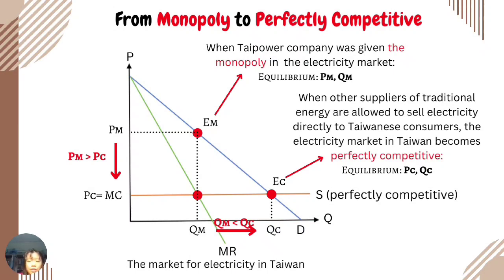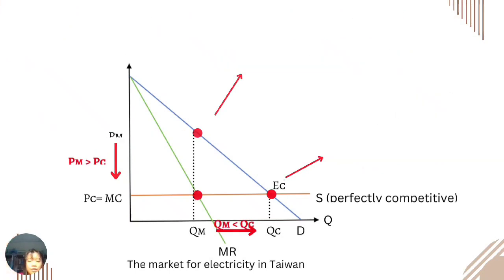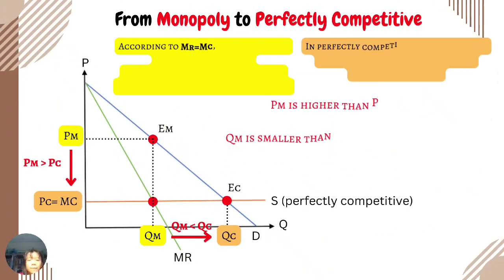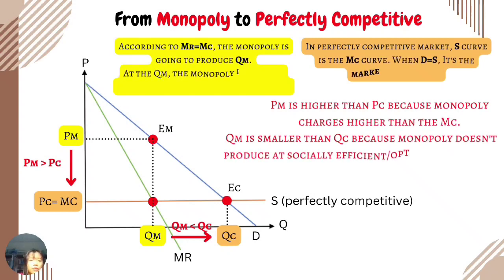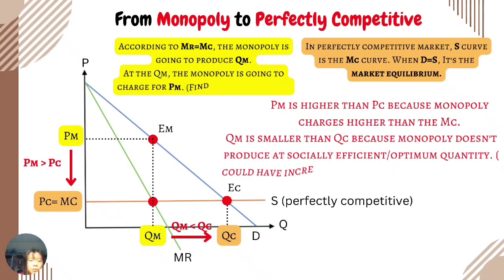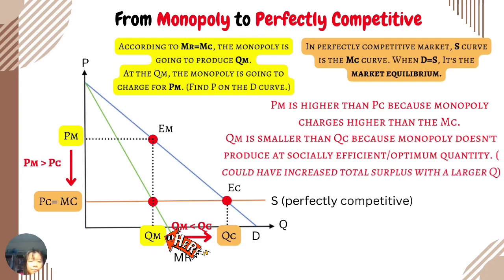So, in details, here is the explanation. According to marginal revenue equals to marginal cost, the monopoly is going to produce at QM. And at the QM, the monopoly is going to charge for PM. As what I've explained before, to find the price of monopoly, we need to find it on the D curve.